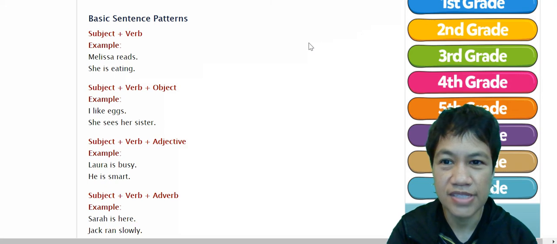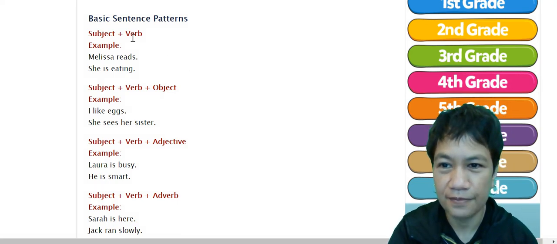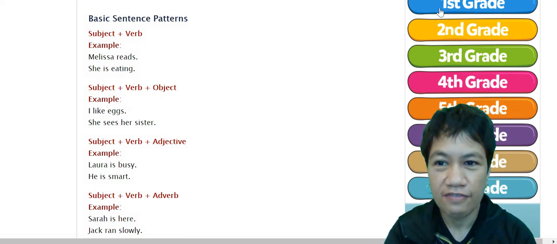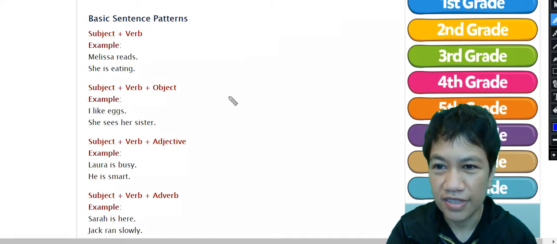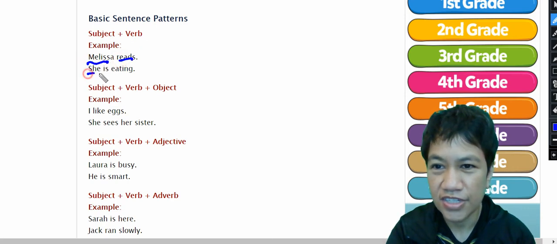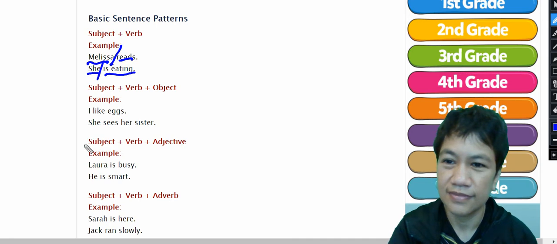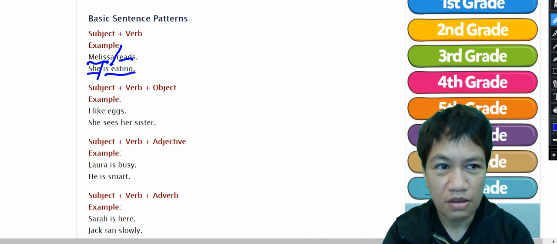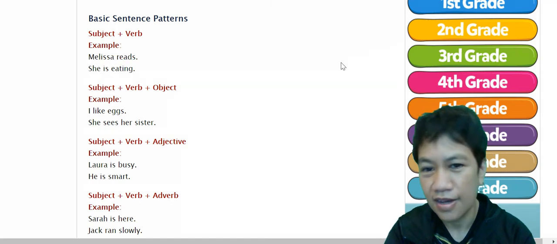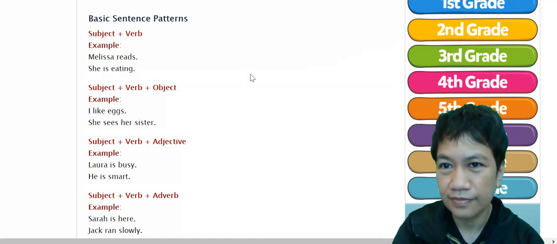Here's another set of basic sentence patterns. Okay. We have subject and verb. Okay, Melissa read. Melissa is the subject. Verb is read. Okay, subject she. The verb is eating. And here you can read this. It's actually in Google.